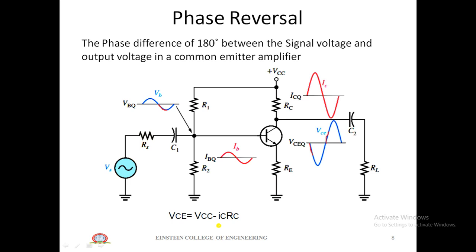IC increases, then the IC RC value also increases. The drop across the RC resistance increases. Then the voltage across the collector emitter, VCE, will reduce. Thus, when we increase the input voltage, the output voltage will increase in the negative direction. Similarly, it will be vice versa for the negative cycle. Thus we get this phase reversal.